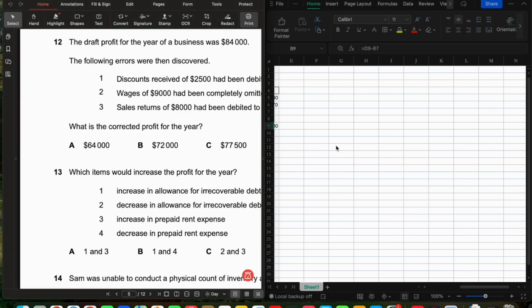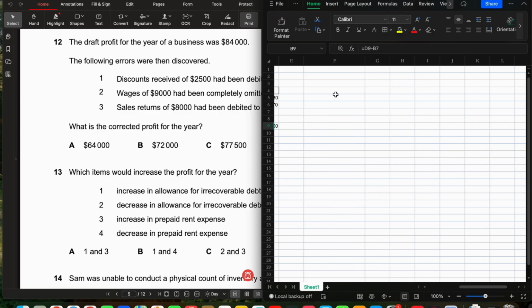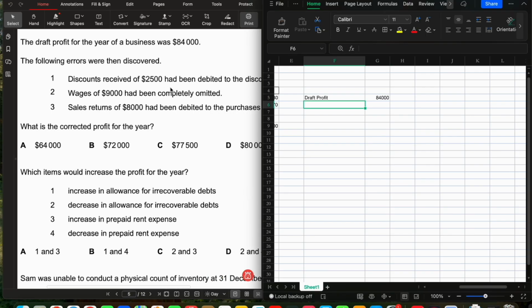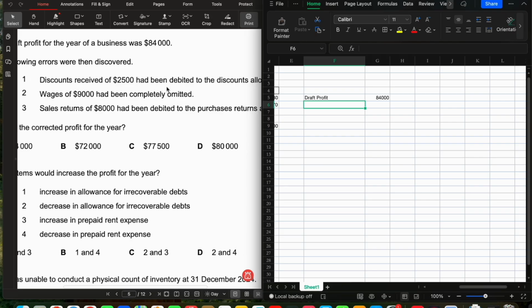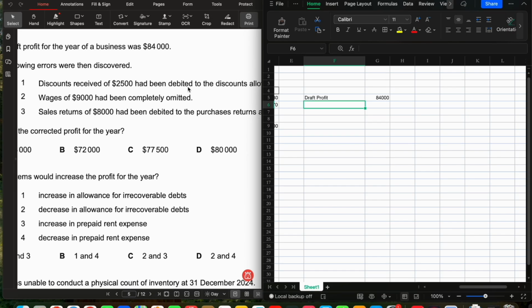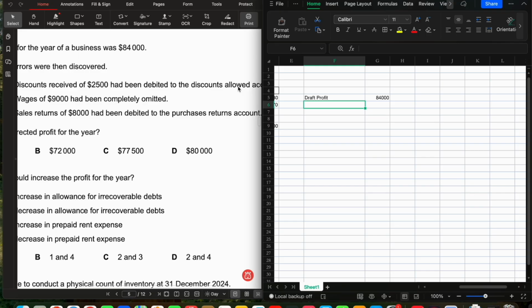So let's just create that here. Okay, so we made profit, and that is 84,000. Now the first error is that there's a discount received of 2,500. Discount received means income, and income is a credit balance, but we wrote it on the debit side of the discount allowed.